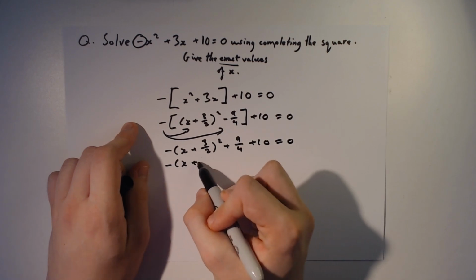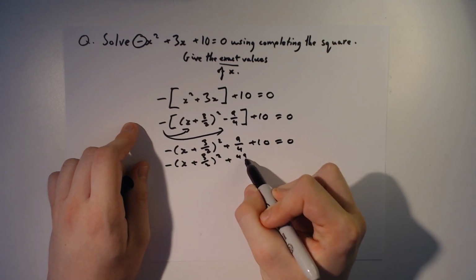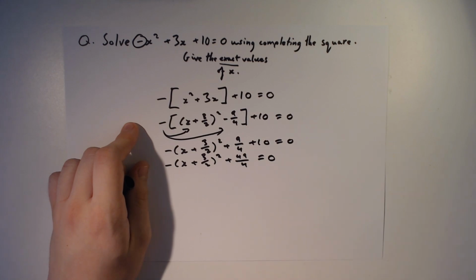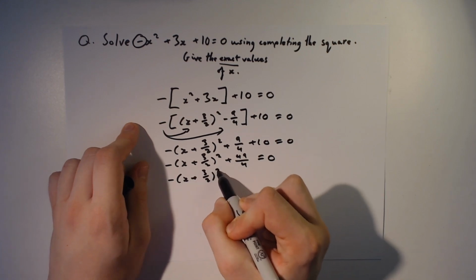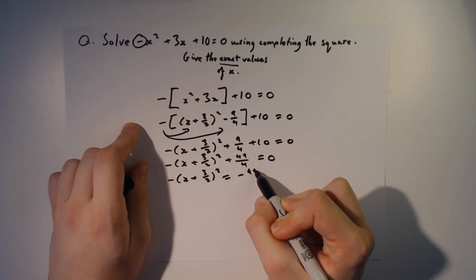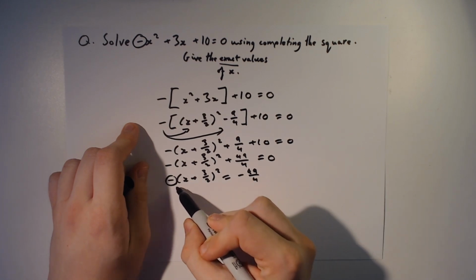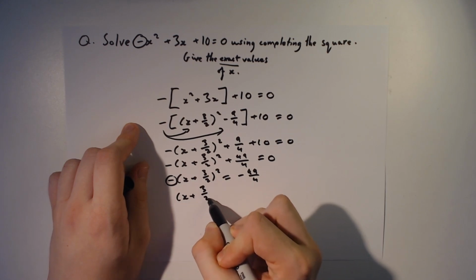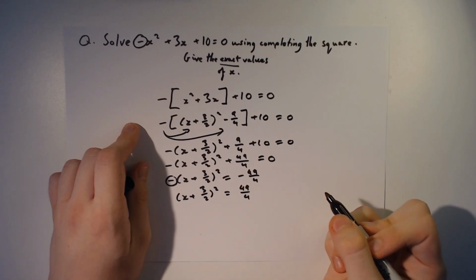Negative x plus 3 over 2 squared plus 49 over 4 equals 0. Now from here we just rearrange. So minus x plus 3 over 2 squared equals negative 49 over 4. Multiply it by the negative to get x plus 3 over 2 squared equals 49 over 4.